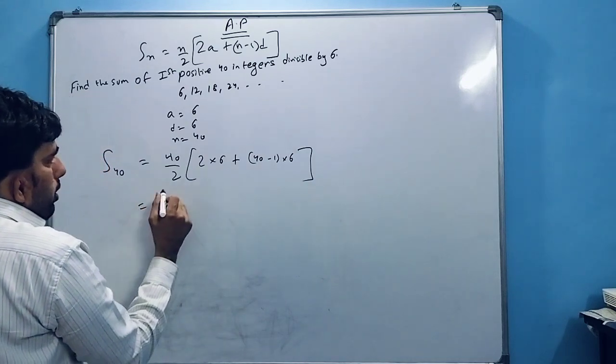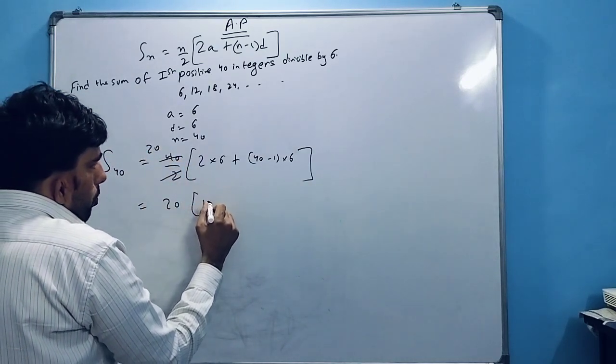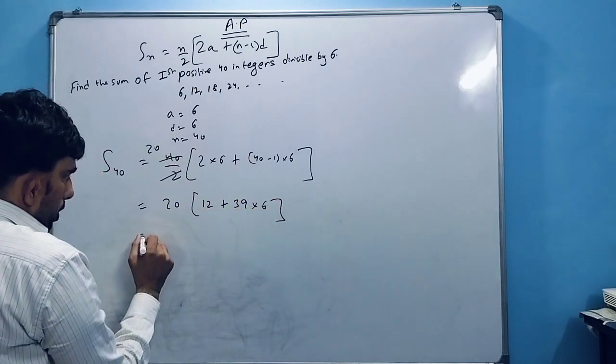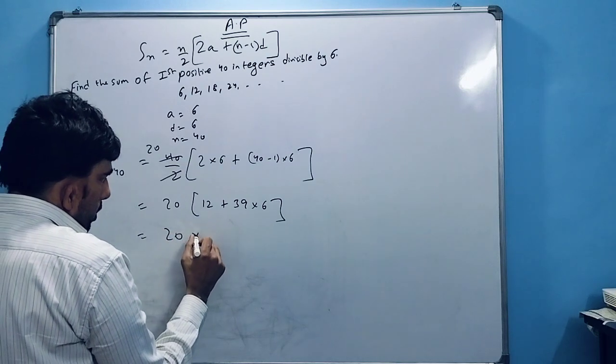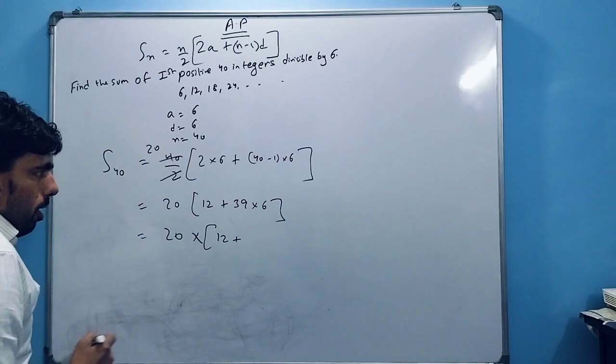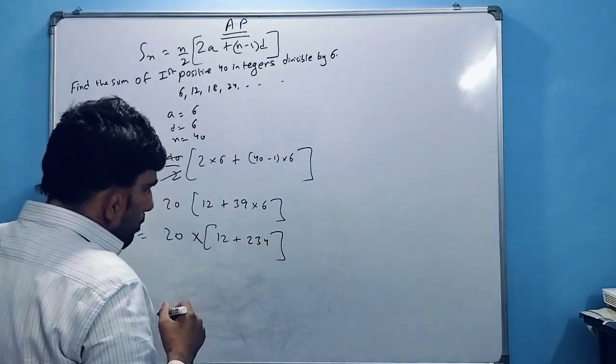So I got this. Just reducing it by 2, we have 20 into 12 plus 39 into 6. So now we can easily find this value, 234.